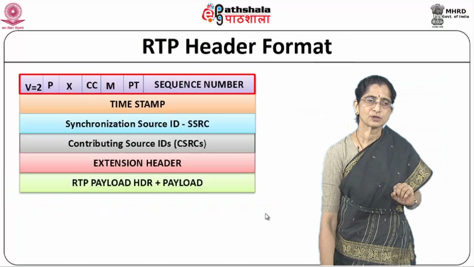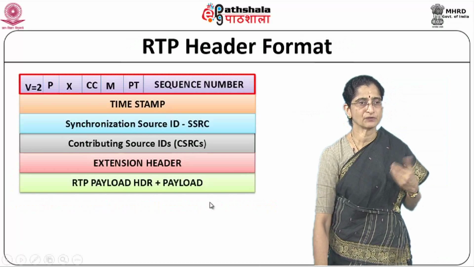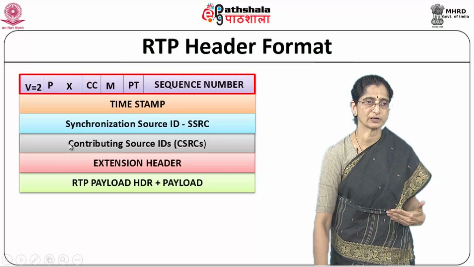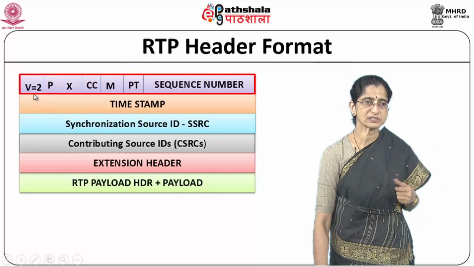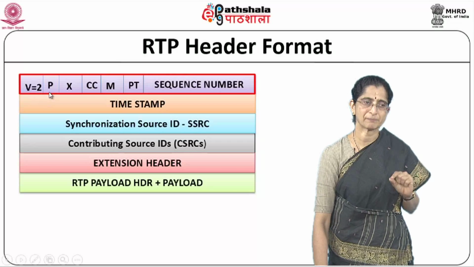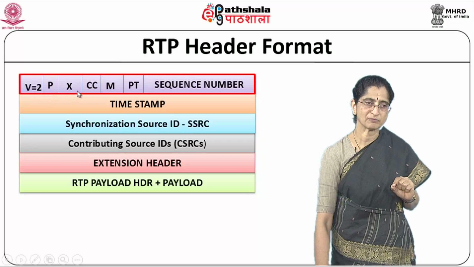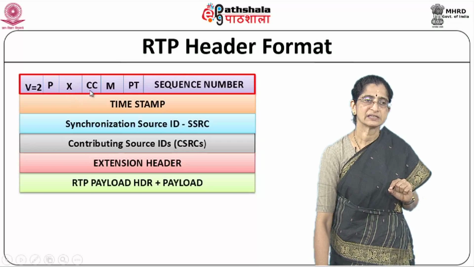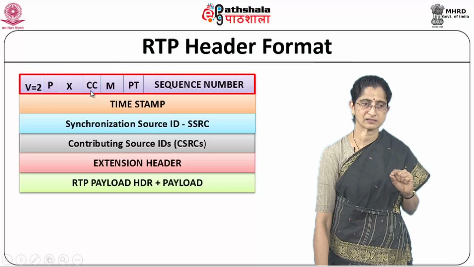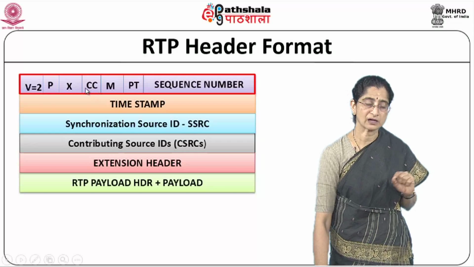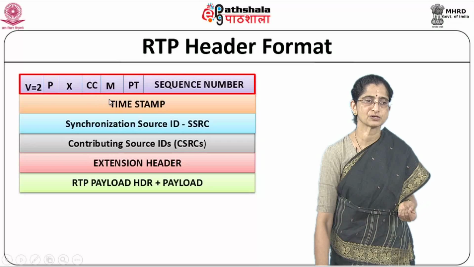Now if you look at the header format, a lot of things become a lot more clearer. You will see there is first a version field, and then you have a P field which is called a padding bit, and then you have many other fields here. You have an X field which indicates some extension headers, then there is a CC which indicates a count of contributing sources.